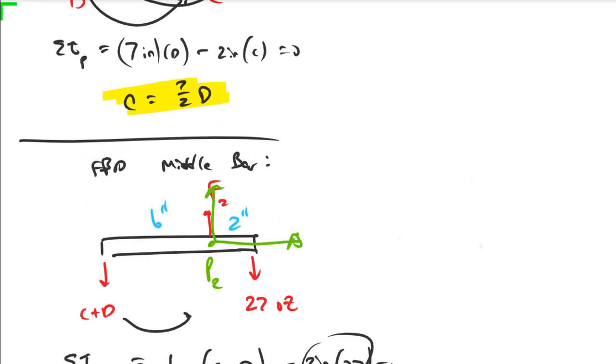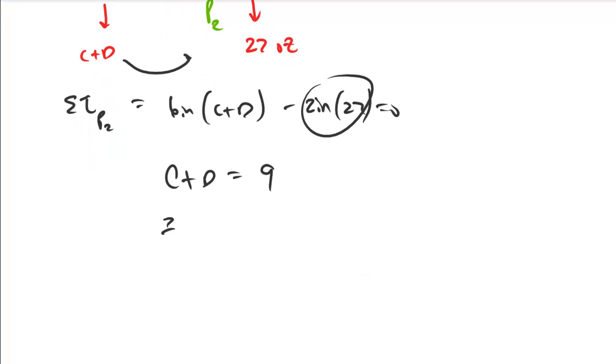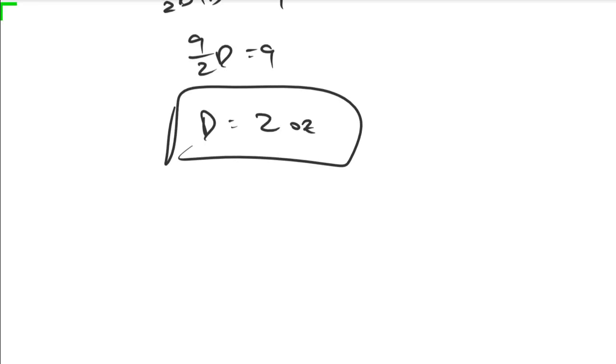But remember, C is 7 halves D. So we say here 7 halves D plus another D is equal to 9. So this is 9 halves D equals 9. So then D is equal to 2, and our units there were ounces, right? So fish D weighs 2 ounces.